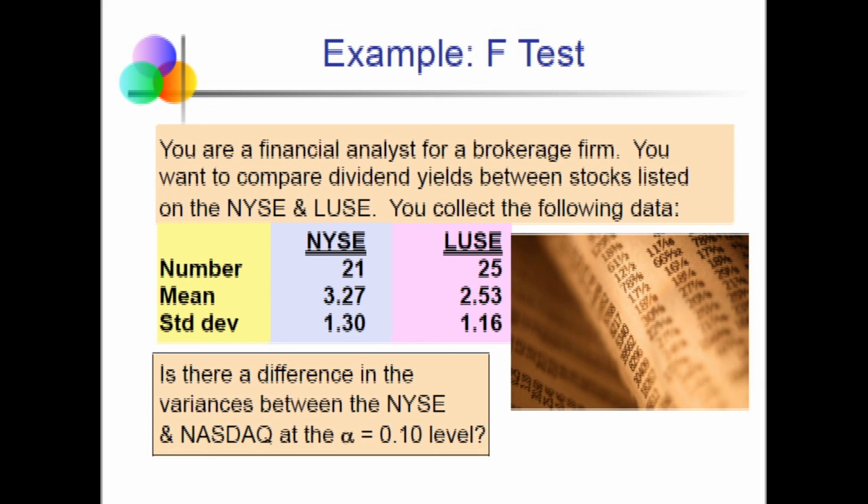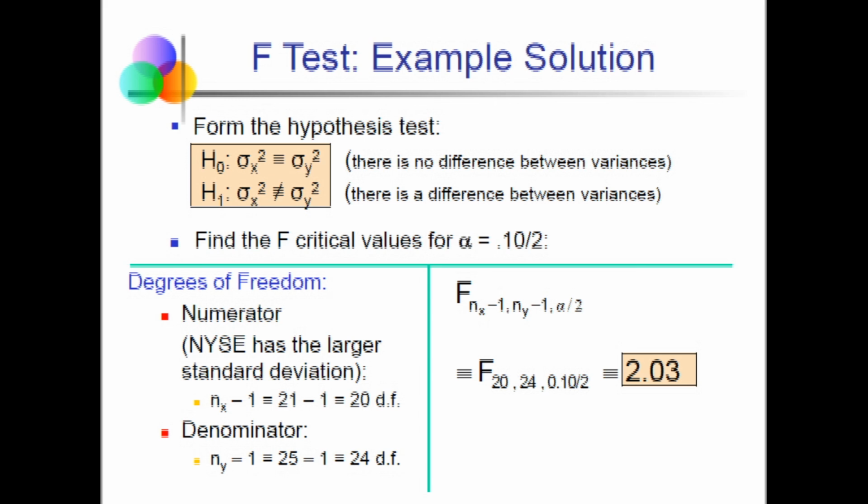So is there a difference in the variance between the New York Stock Exchange and the Lusaka Stock Exchange? In the null hypothesis, we're saying there's no difference in the variance, and in the alternative, we're saying there is a difference in the variance.